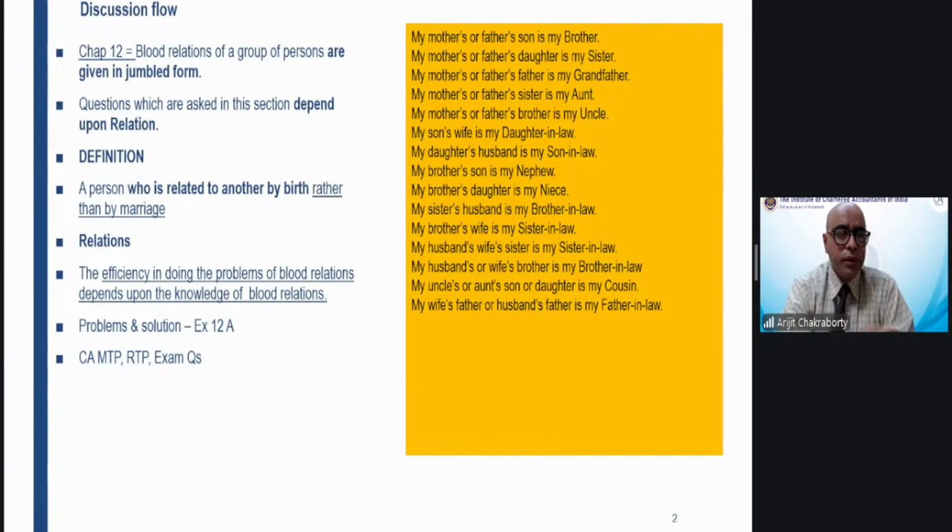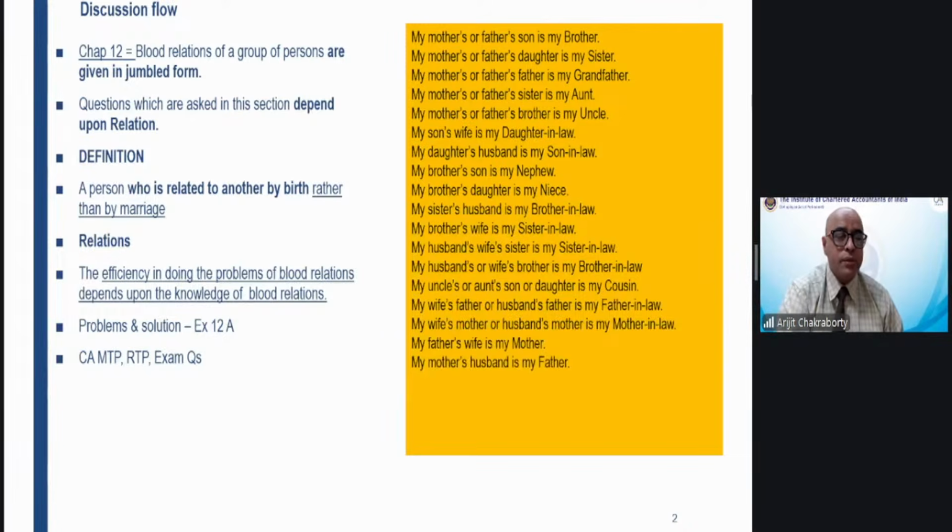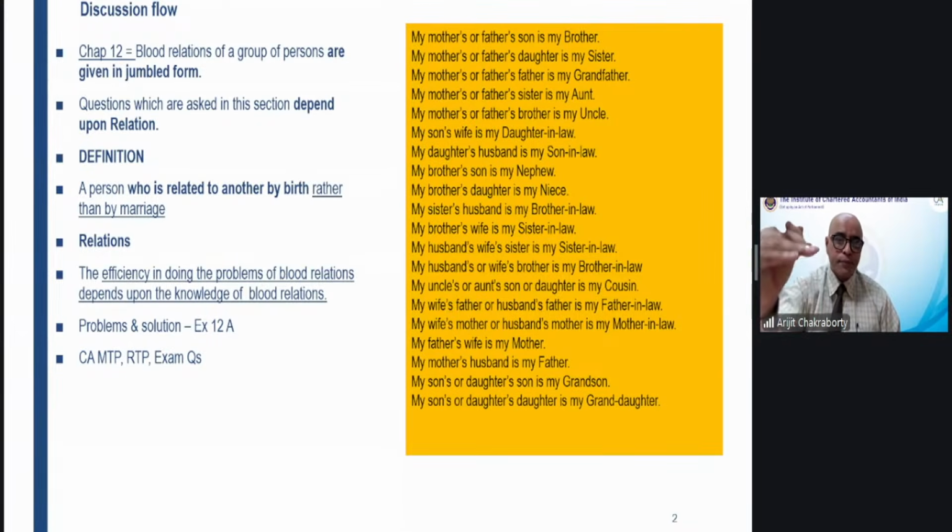So we look at all the usual relations, and then the other types of relations, like wife's mother or husband's mother is mother-in-law. Father's wife will be mother. Similarly, mother's husband is father. Son's or daughter's son will be the grandson, and son's or daughter's daughter, that means 2 steps, will become granddaughter.